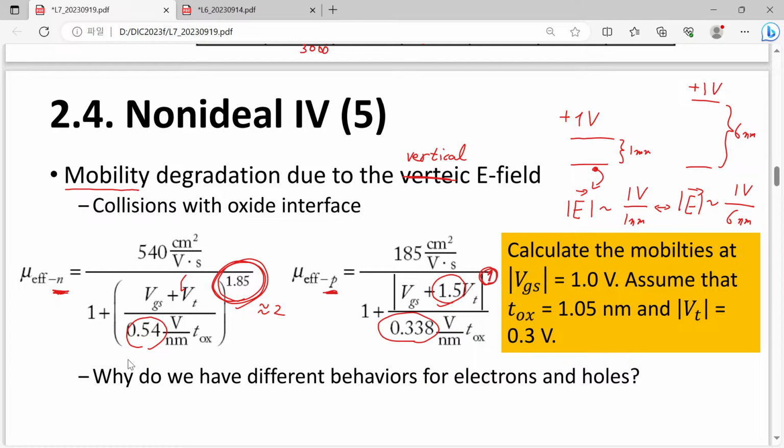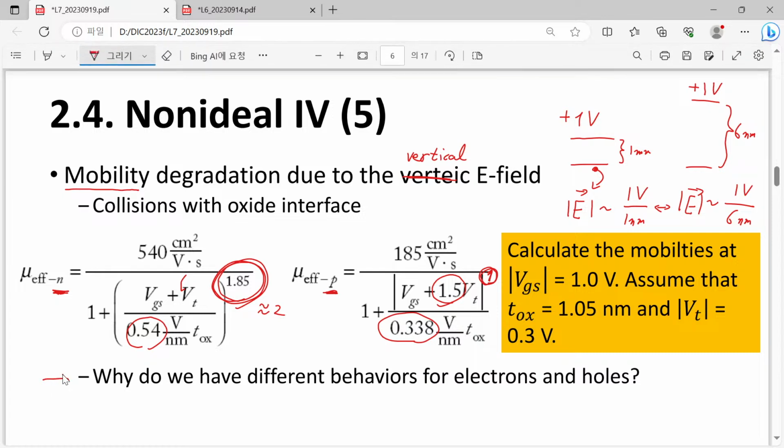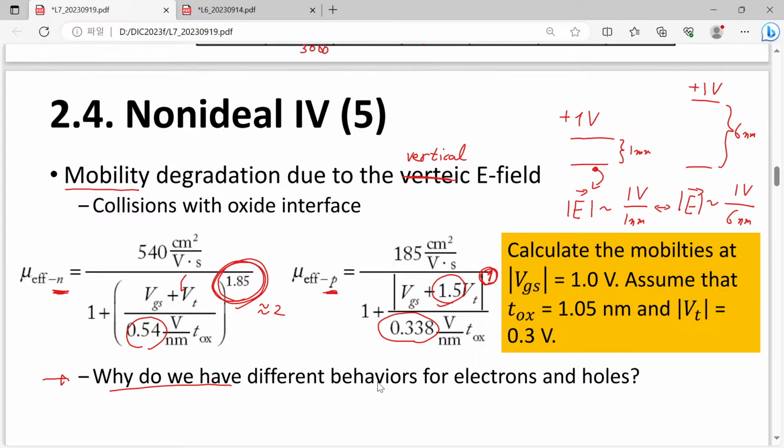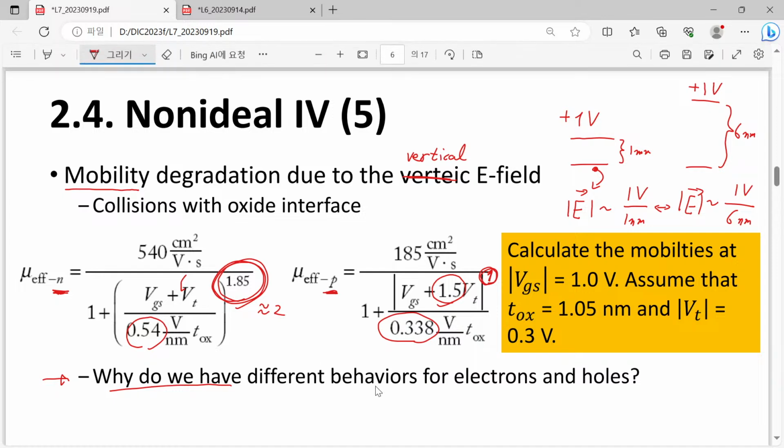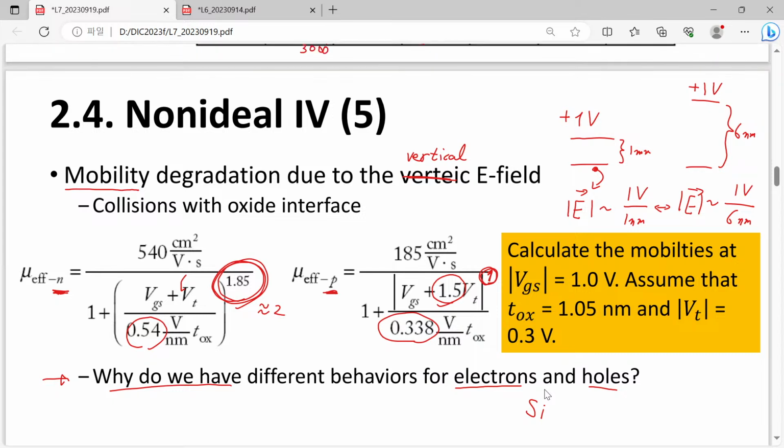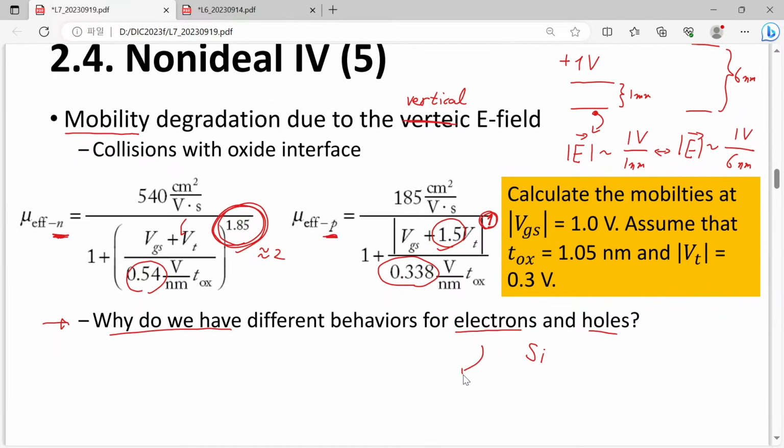So the last statement in this slide is just asking this question: why do we have different behavior for electrons and holes? That is because, although electrons and holes in the case of silicon are well balanced compared to other materials, even in this silicon case, electrons and holes have different internal structures, called band structure.